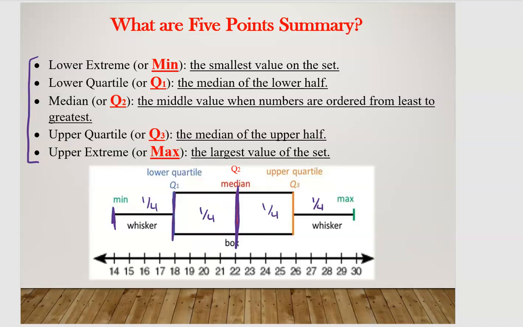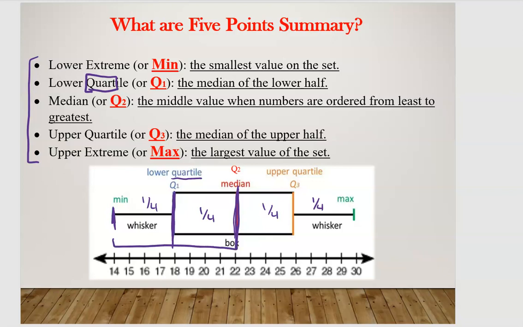And when you split something in half and then in half again, you're splitting it up into fourths. So the lower quartile, and notice how quart is like quarter, and there's 4 quarters to $1. You're basically splitting your data in half and getting that median, splitting it in half again and getting that lower quartile. So the lower quartile is the median of the lower half of my data that I have right here.